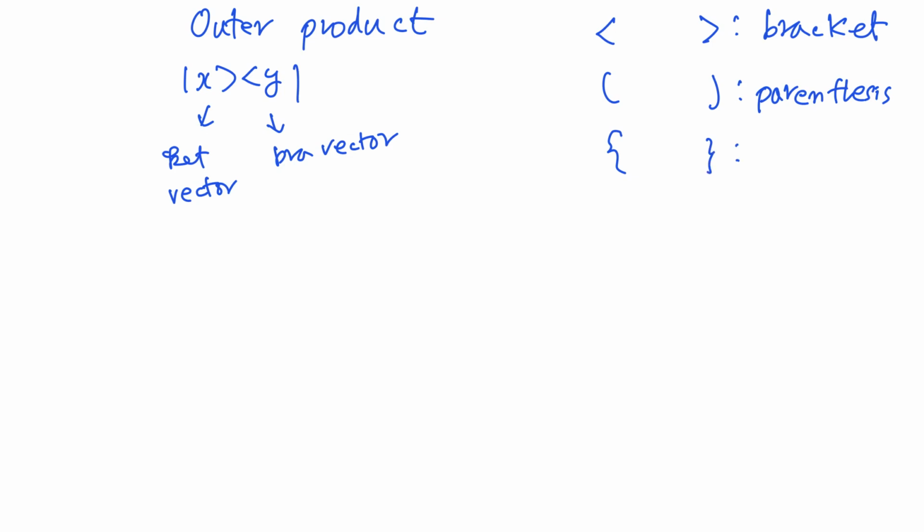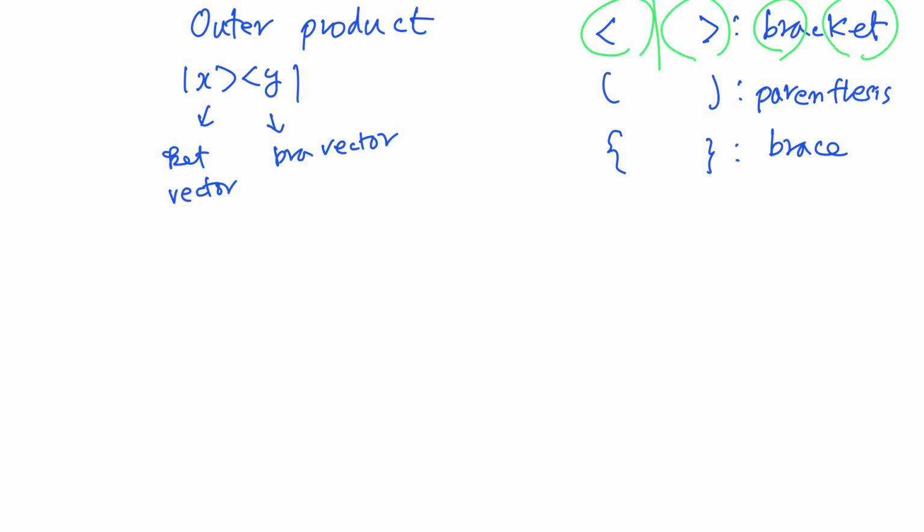Brace. In Korean, I think the parenthesis is called 괄호, and brace is called 중괄호. But bracket, I don't know. The bracket, actually, you cut in half. So this part is called the bra, and this part is called the ket.